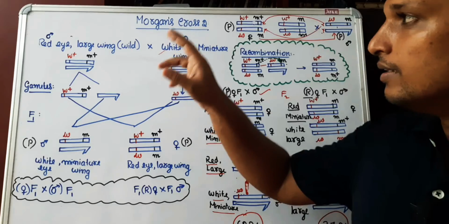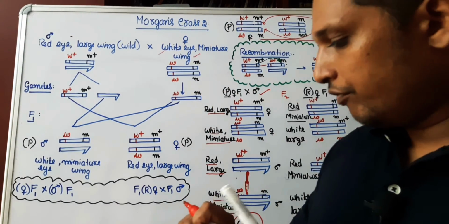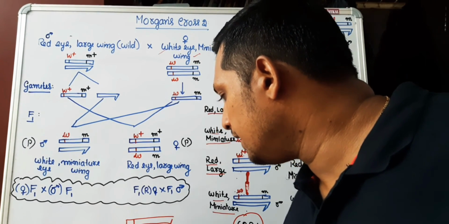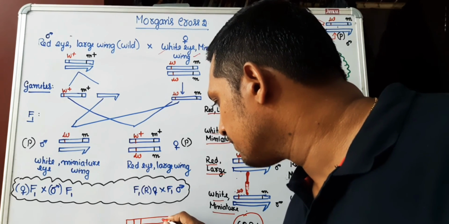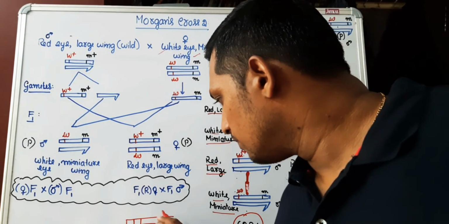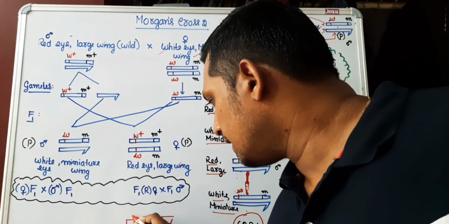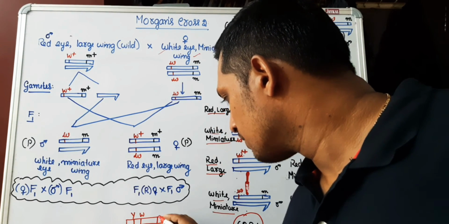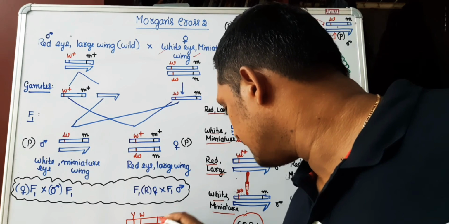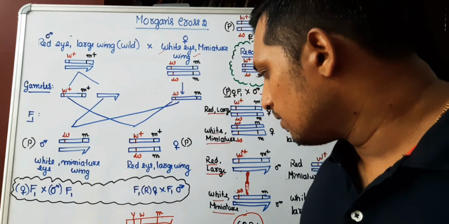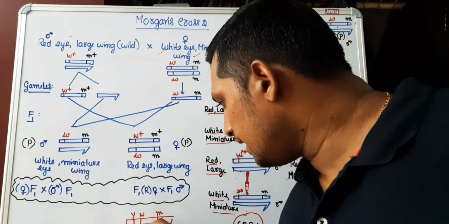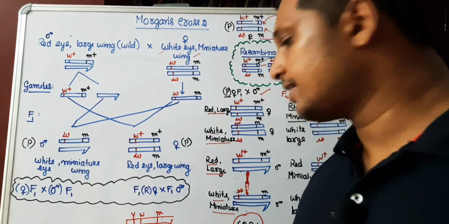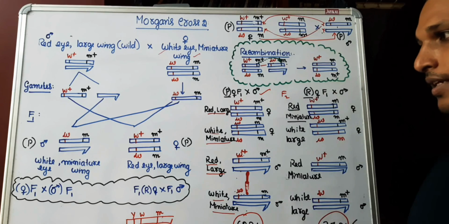It indicated that, if I take all the 3 genes in a cross, body color, eye color and wing size, okay, body color let us take Y, eye color let us take W, and wing size, not color, wing size is M. What we can conclude is body color and eye color are close to each other compared to eye color and wing size. So that's how so much percentage is got.